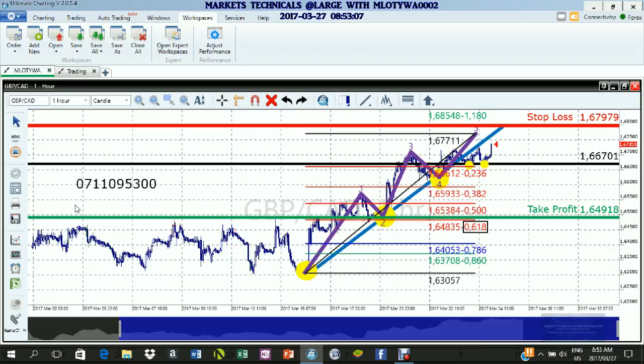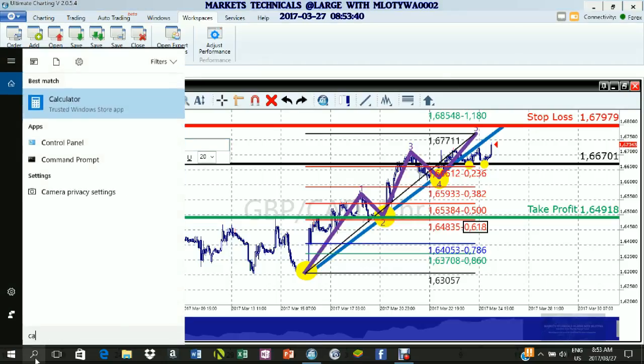So let's calculate how much profit we are expecting from this analysis. Profit in pips, we subtract. I'll go to my calculator very fast.